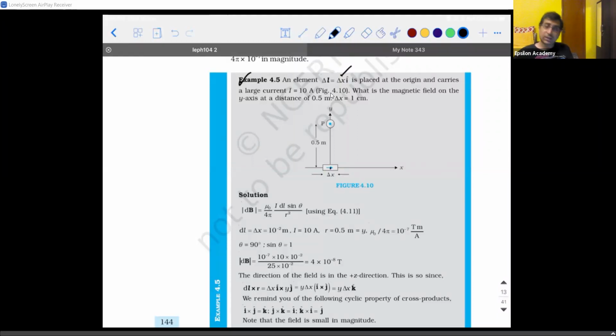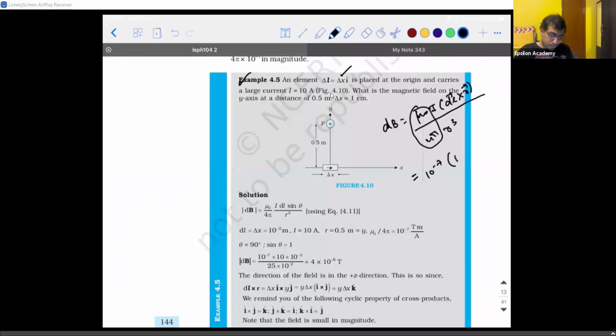So if this point is taken as the origin, it is at a distance of 0.5. So what is the formula for dB, guys? dB is equal to mu naught I into dl vector cross r vector, the whole divided by 4 pi r cube. But mu naught divided by 4 pi is 10 power minus 7.